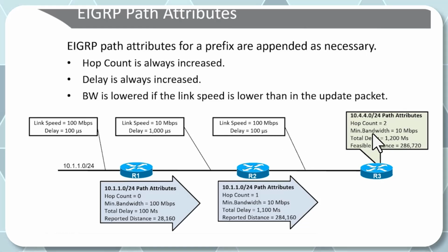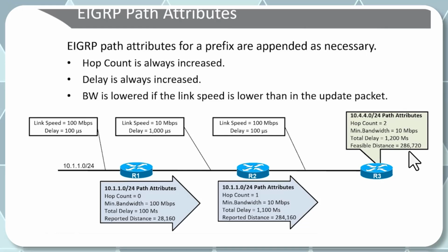As you can see, the minimum bandwidth remains 10 because that is the bottleneck, hop count is 2, and delay is added: 100, 1000, 100. Finally, we will get the feasible distance from here to here.